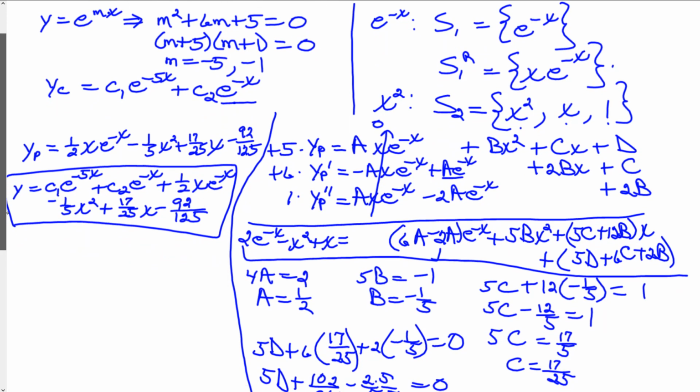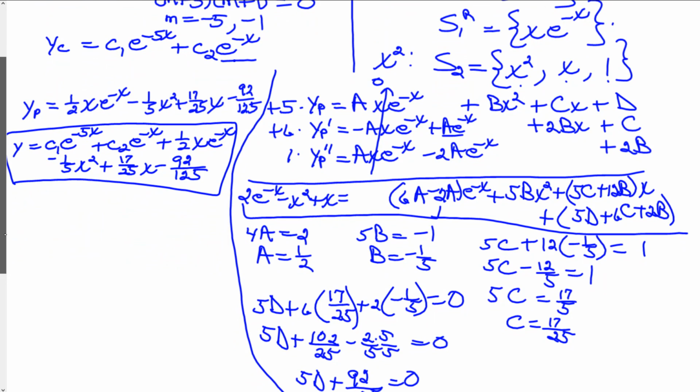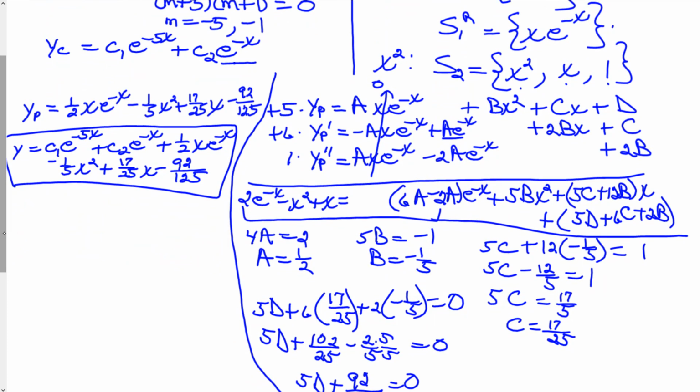Then we made our combination of these functions in the revised UC sets as part of our y sub p guess with unknown constant coefficients a, b, c, and d.